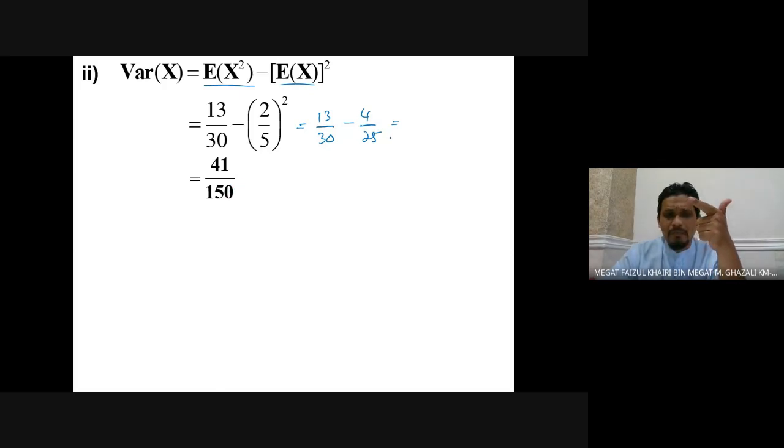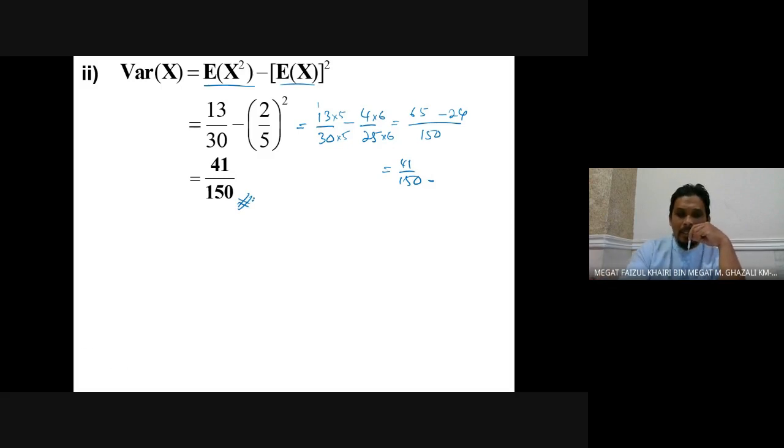Times 6 for the 4 over 25, and 30 times 5, equal to 150. So 65 minus 24 equal to 41 over 150 here.